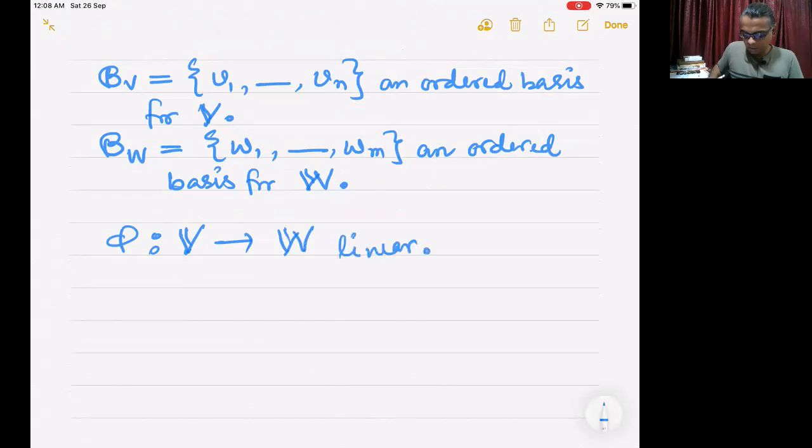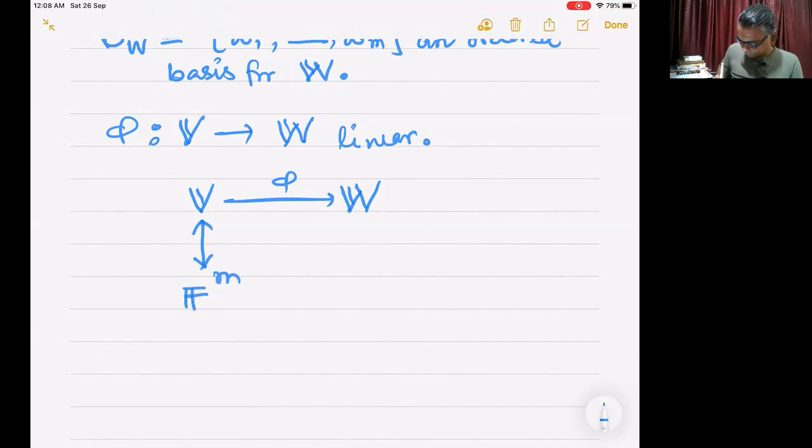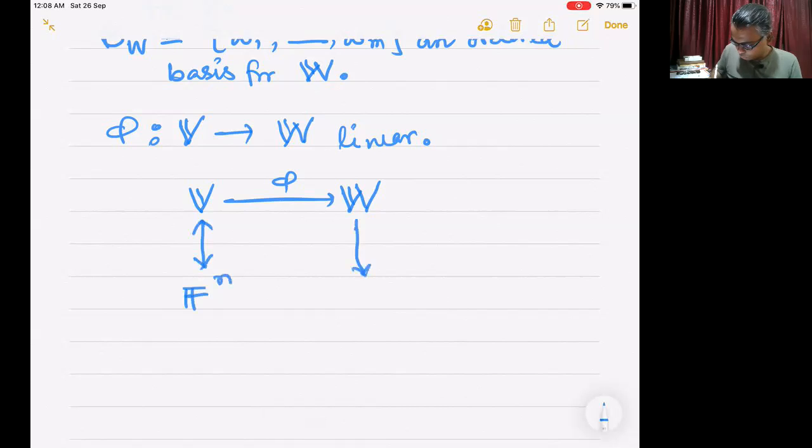We did this commutative diagram in the last module. So we have V, we have W, and of course we have this map phi. There is this identification, that is an isomorphism, between V and F to the n, and W and F to the m.